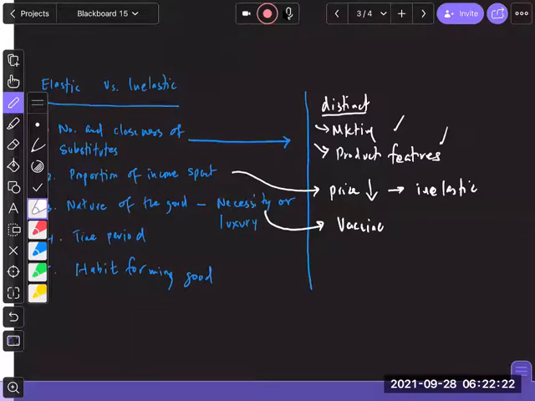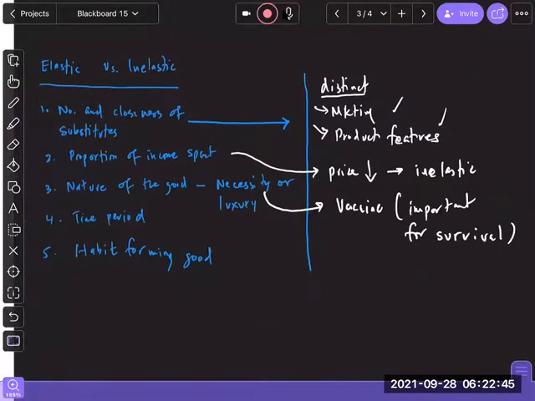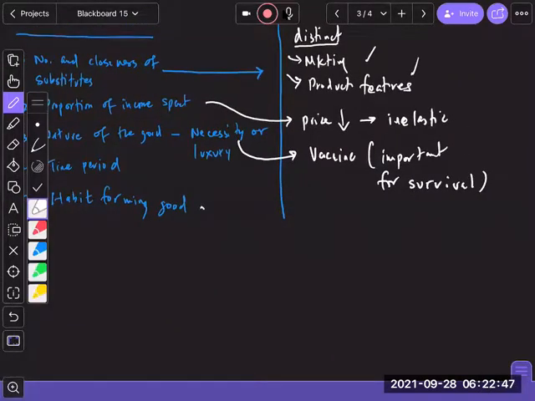Having said that, how can we change its features to make it more inelastic? That seems to be a difficult one, because if it's a necessity, the reason is that it's important for survival. Making a good a necessity may not be easy for the firm. Clearly, habit forming is something linked with marketing or product features. You can make the good habit forming, like a behavior of people.